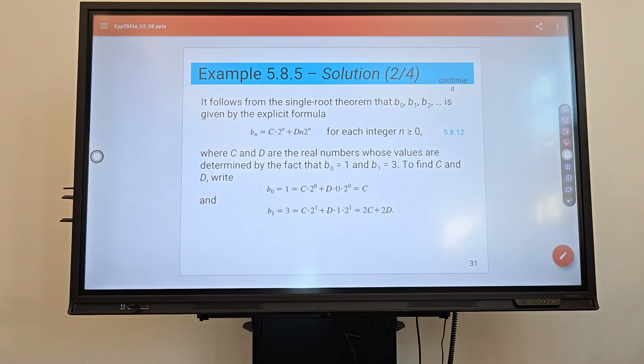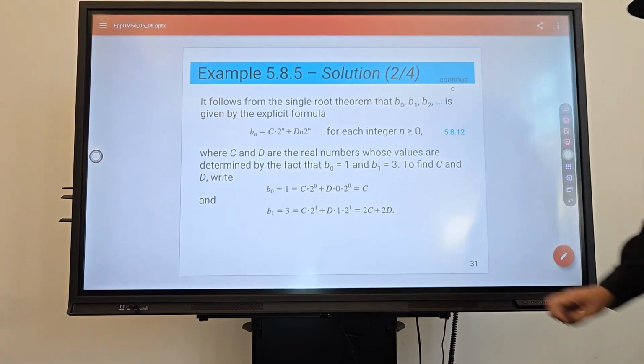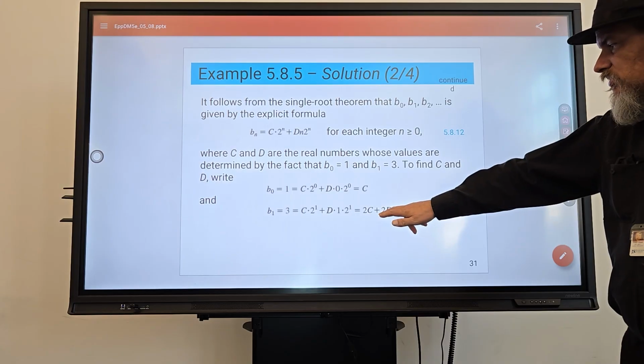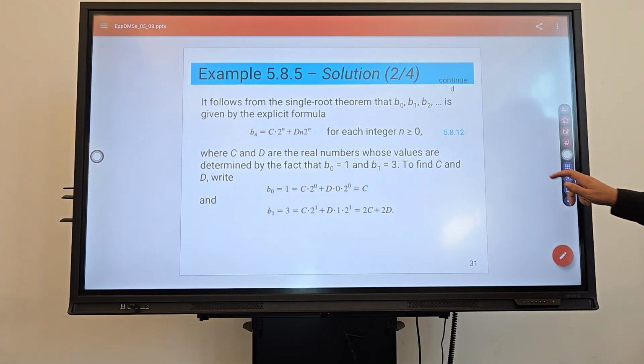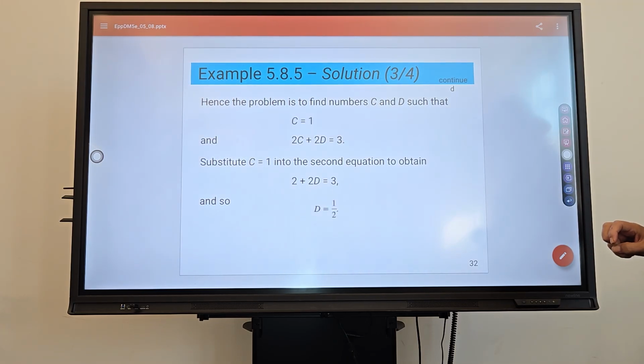To find c and d, you find that c equals 1 and 3 equals 2c plus 2d. So by substitution, c equals 1 into the second equation, you get d equals 1/2.